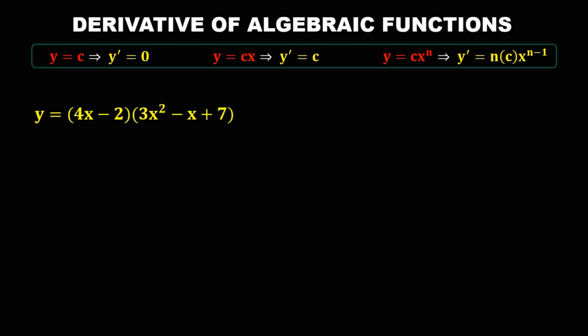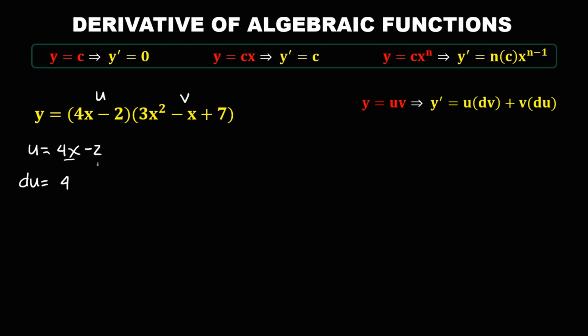Then for this given, using the product rule, we have u times v. So u equals 4x minus 2, and du, the derivative of 4x is 4. The derivative of a constant is 0, so du equals 4. Then v is 3x squared minus x plus 7.